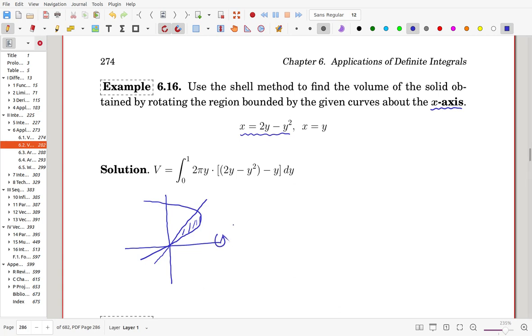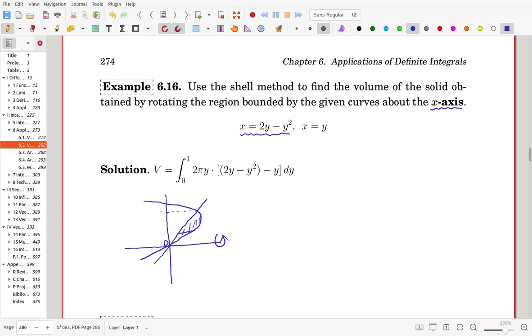So we are trying to use the shell method, so the shell will be made along that line segment. Our integration must be from 0 to that point in the y direction.